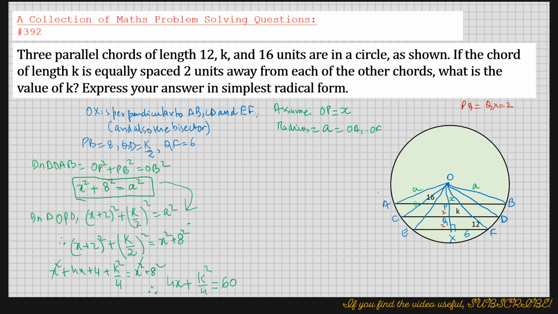So this remains as another equation. We have eliminated a square, writing a in terms of x.